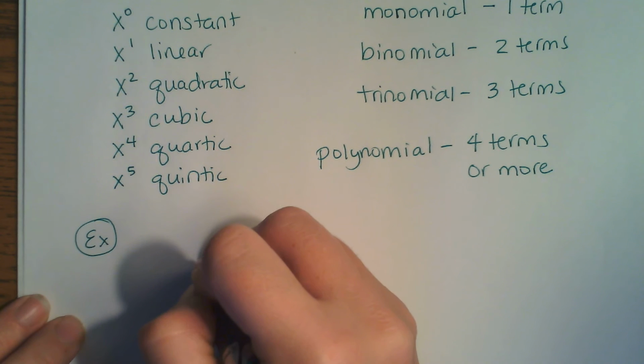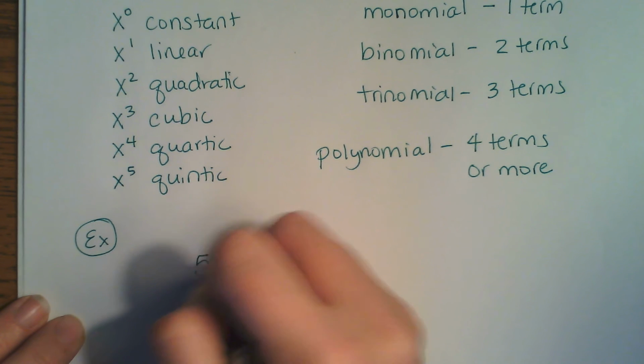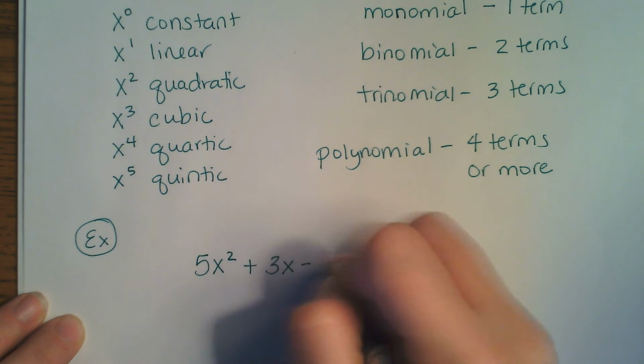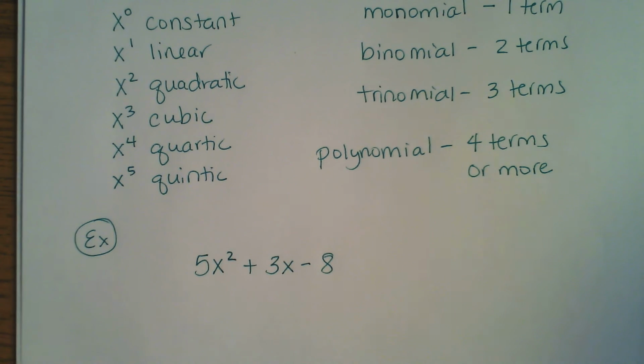All right, so let's say we've got 5x squared plus 3x minus 8. So in the Delta Math quiz on this topic, they had a sentence and you were filling in the information.